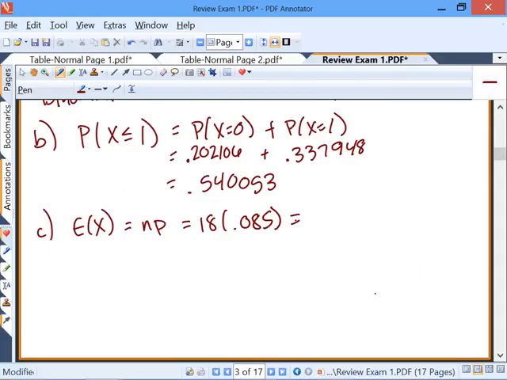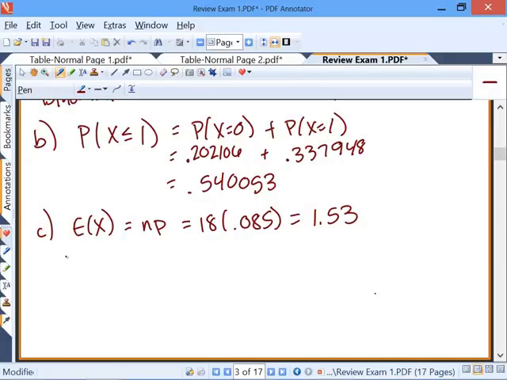So 18 times 0.085, the mean is 1.53. So I expect to get about 1.5 misplaced chips per wafer. Obviously on any given wafer you can't have 1.5 incorrectly placed chips, but the average, if I look at many wafers, is 1.5 misplaced chips per wafer.